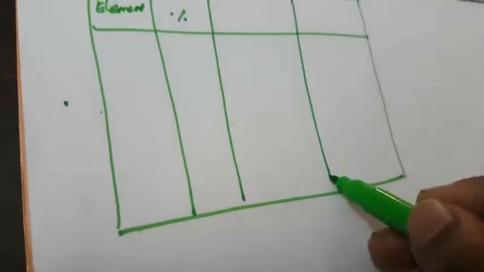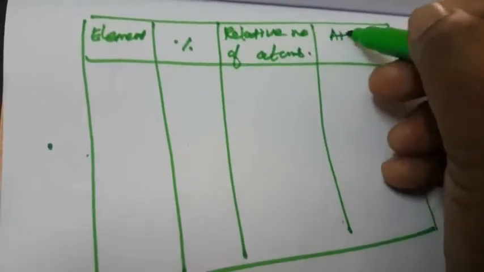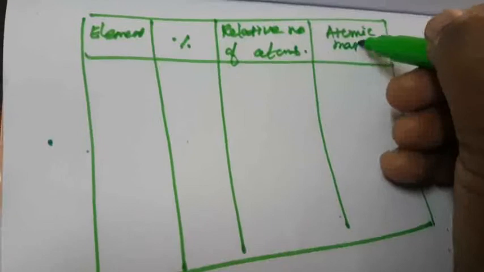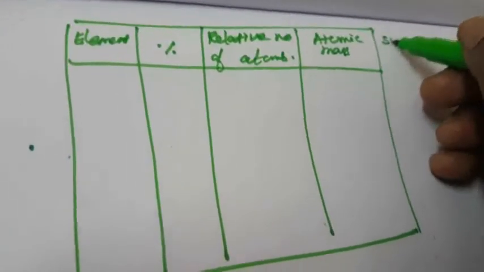The columns are: element, percentage composition, relative number of atoms, atomic mass, and simple ratio.